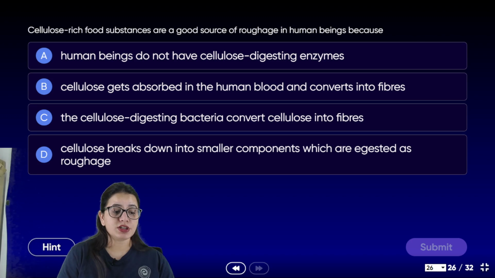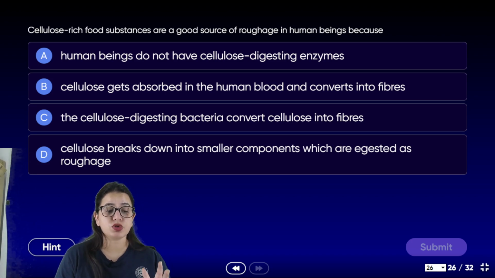Yes, cellulose-rich food substances are good source of roughage in human beings because why? Why are the cellulose-rich food substances good source of roughage in human beings?